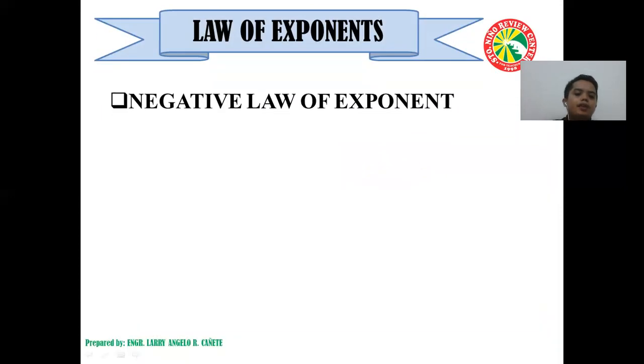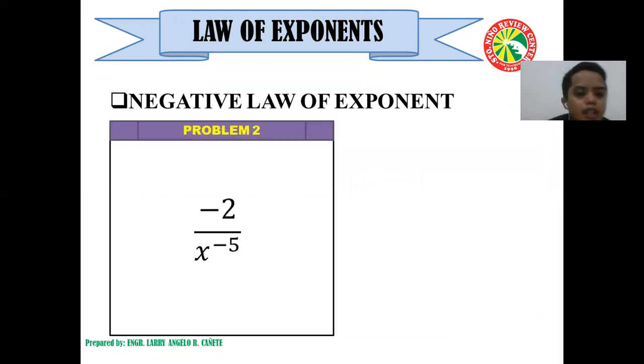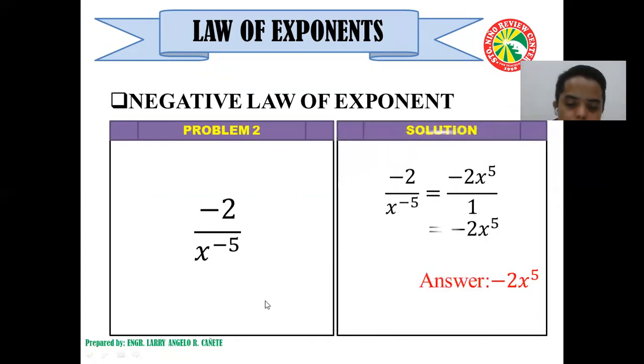Another example. By the way, the example that I'm presenting first is case 1. This time, negative 2 over x to the negative 5. So how do I solve for the answer?